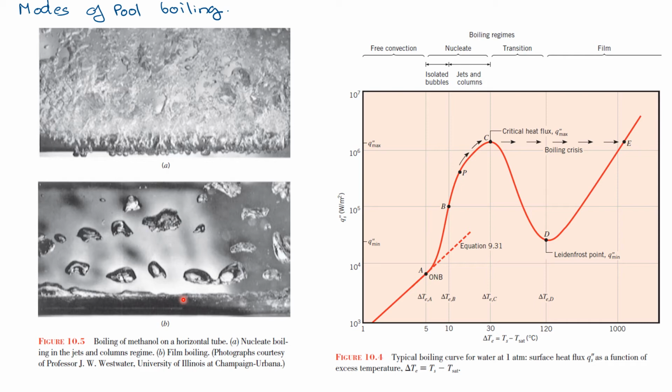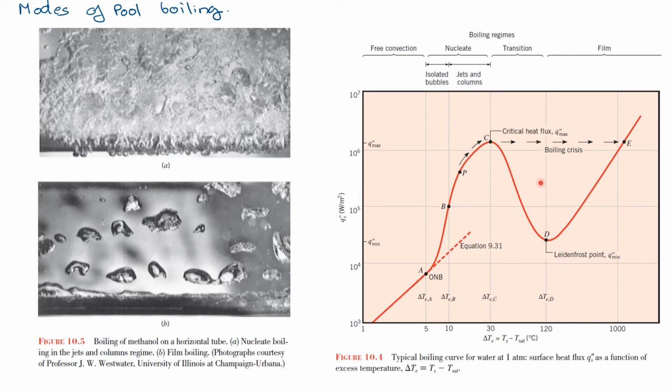Now we know that the thermal conductivity of any gas is smaller than the thermal conductivity of a liquid. So the heat being transferred through the gaseous phase will be much lower than the heat being transferred through a liquid phase. Because you have a smaller contact between your liquid and the surface of, say, the metal over which you are adding heat, you have the curve going down until you hit the Leidenfrost point. The Leidenfrost point gives you the Q minimum.